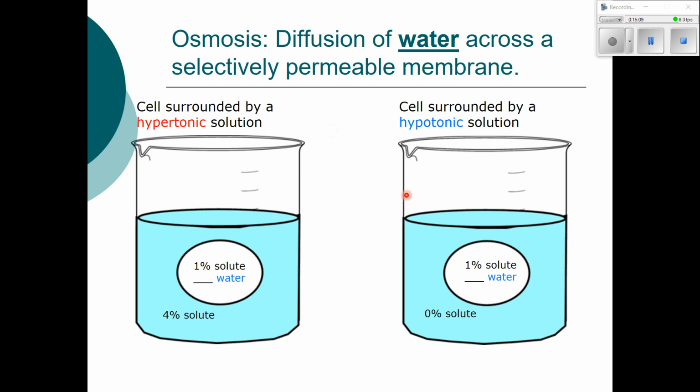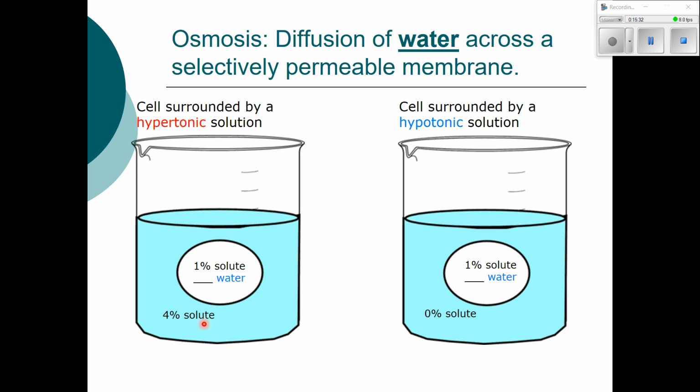So notice in both of these pictures we have a cell, just a simple circle to represent some kind of a cell, maybe a skin cell, blood cell, doesn't matter. And that cell has been suspended in a liquid, a solution, and there's some, at least in the first beaker, there's something dissolved in this liquid, something dissolved in the water.